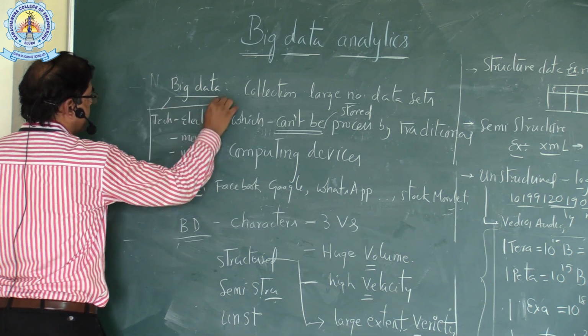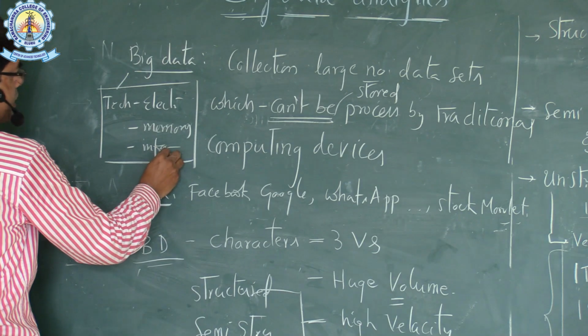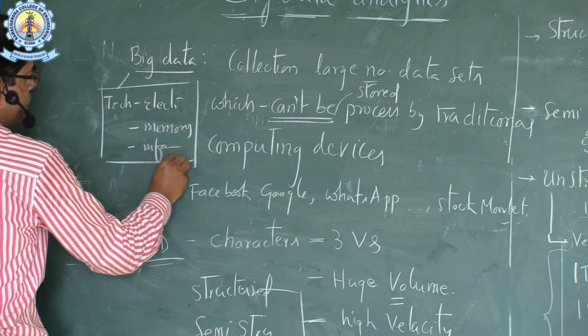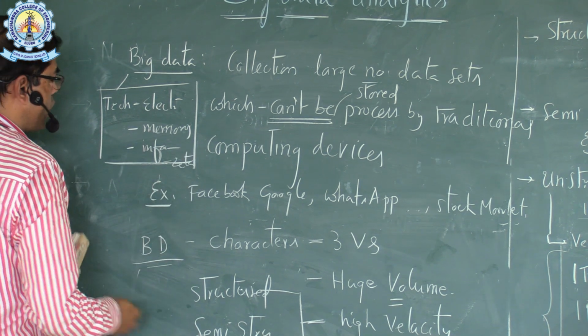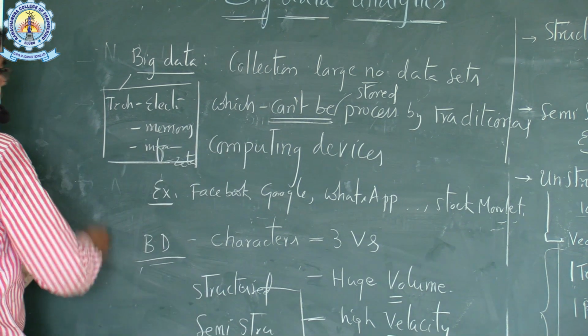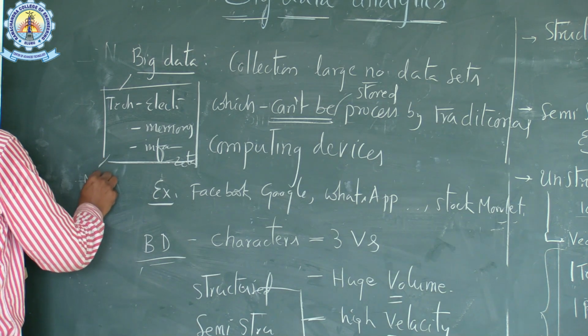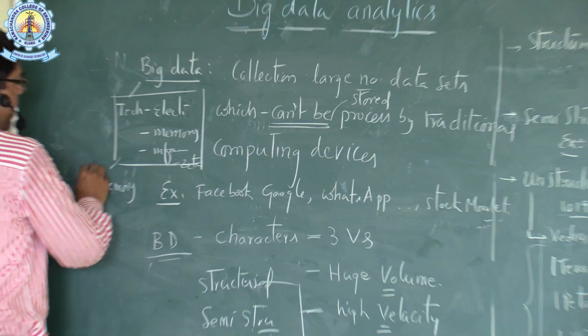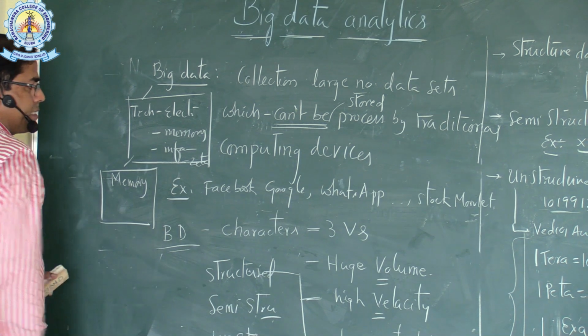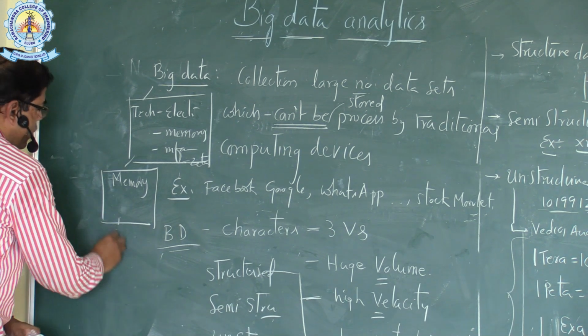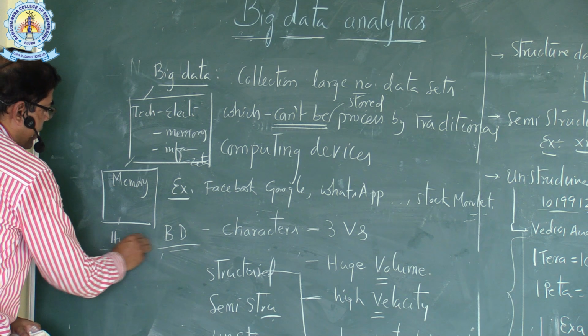This information extended up to zettabytes. Then we talked about how this memory space is there, and how this huge data is stored in different locations.